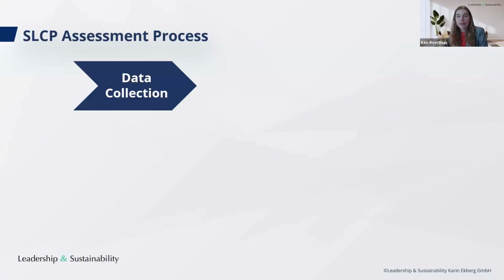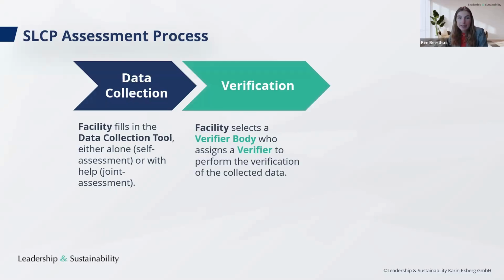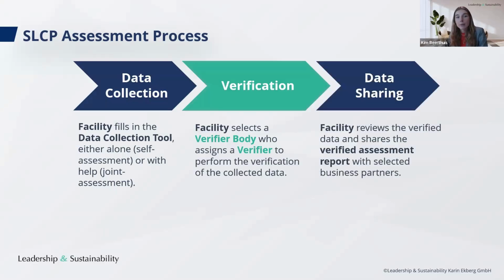The SLCP verification process is basically divided in 3 steps. The first step is to collect the data. The facility will complete the data collection tool, either alone as a self-assessment or with help as a joint assessment. The second step then is the actual verification, where we as the verifier body step in. The facility will select a verifier body, who in turn assigns the verifier.